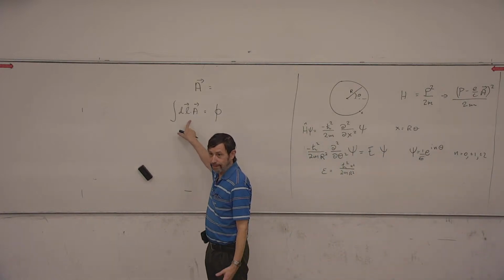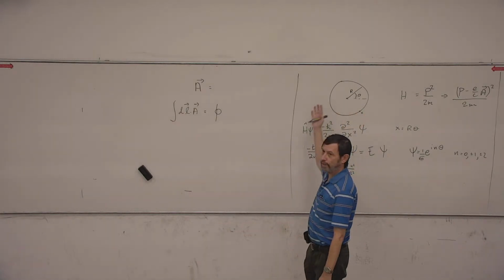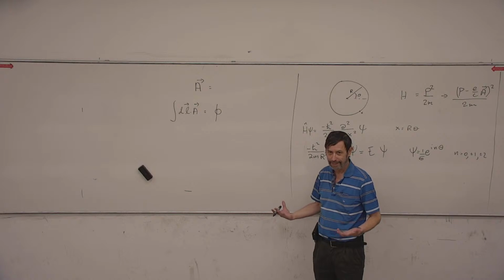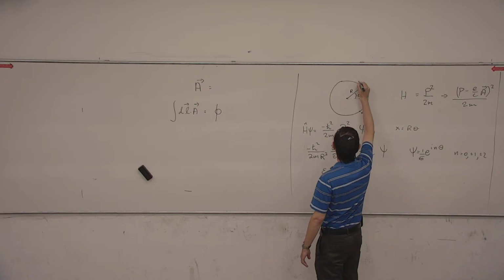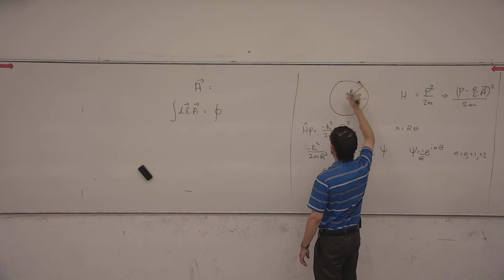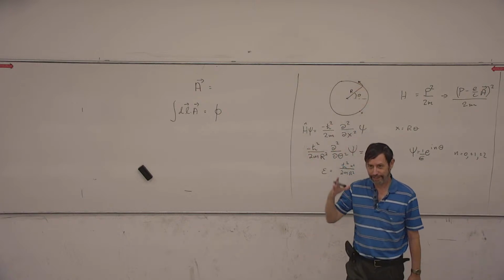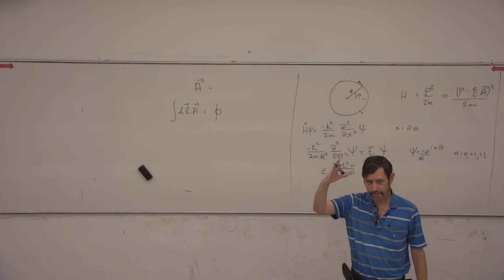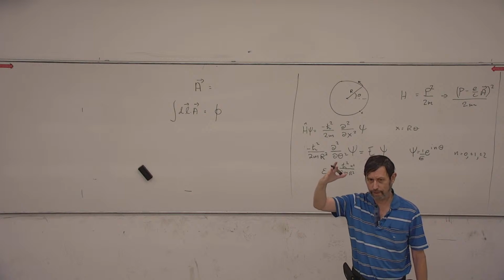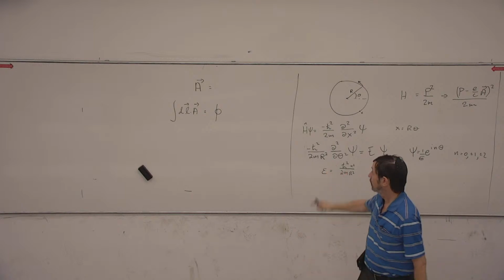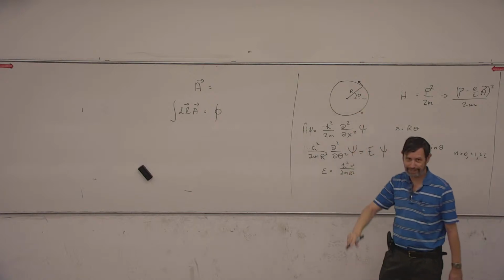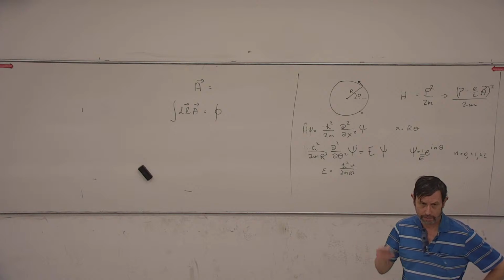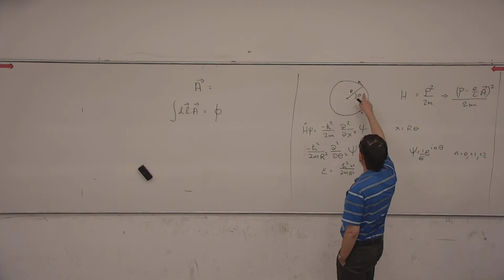Okay. In this case, for symmetry considerations, A everywhere has to be the same, and in the azimuthal direction, it's called tangential, to the circle, to the rings that we have here.